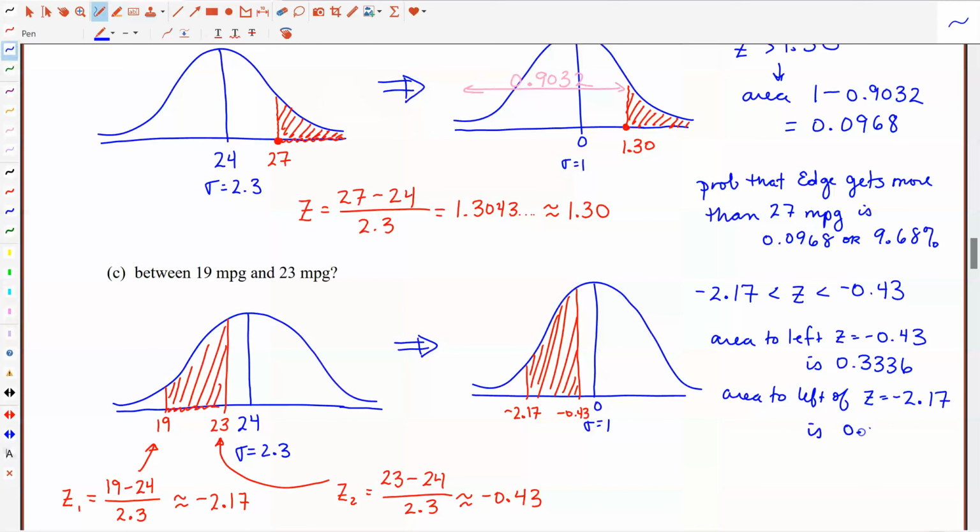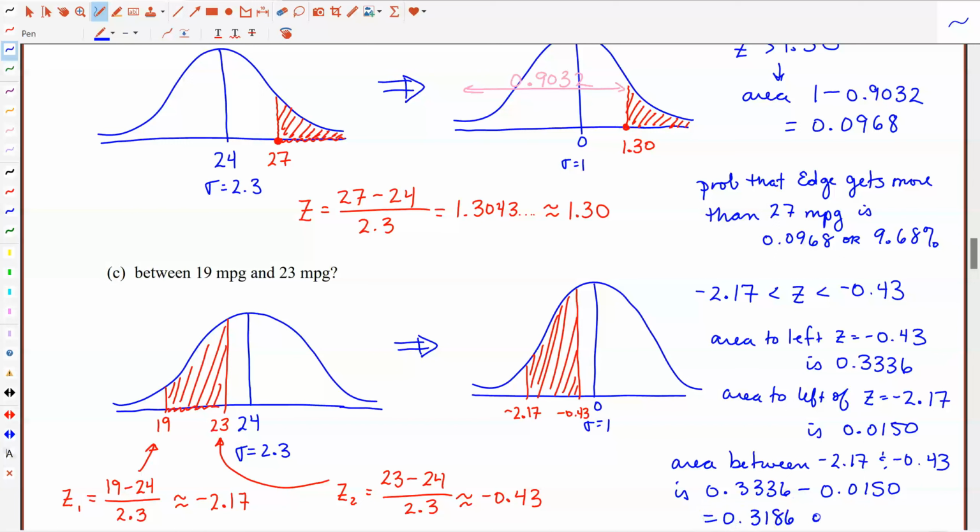So the area is 0.0150. The area between negative 2.17 and negative 0.43 is, we're just going to subtract those two numbers, 0.3336 minus 0.0150, and if we subtract them, we get 0.3186, or as a percent, 31.86%.